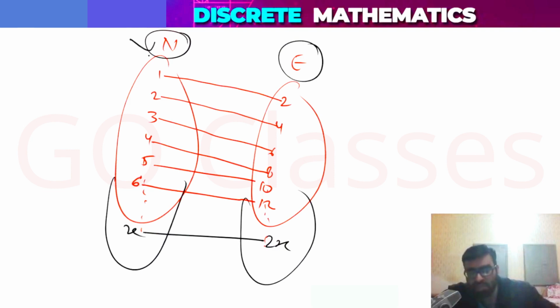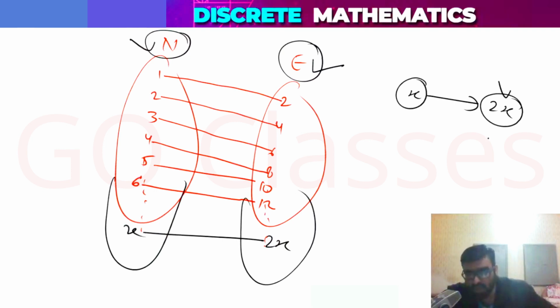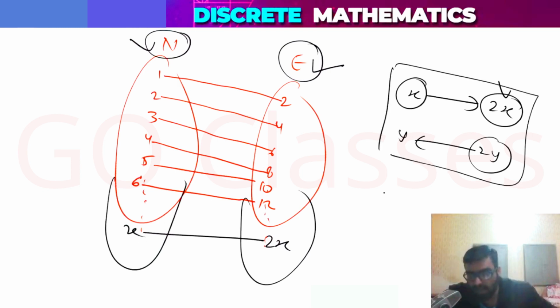For every natural number x you have a unique even natural number 2x. And for every even natural number you have a unique natural number y. So I have put the two sets in one-to-one correspondence.